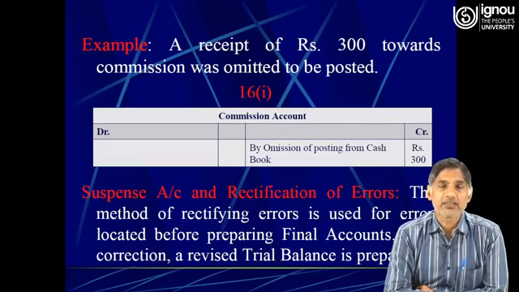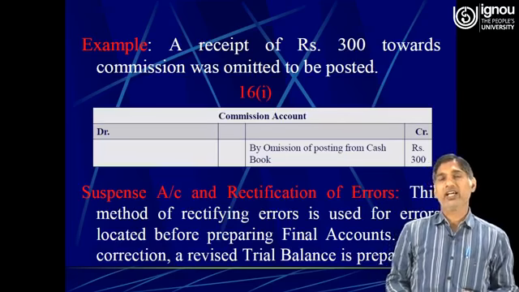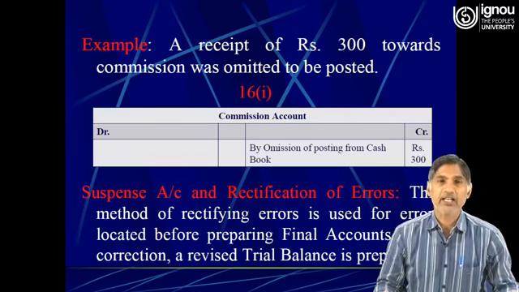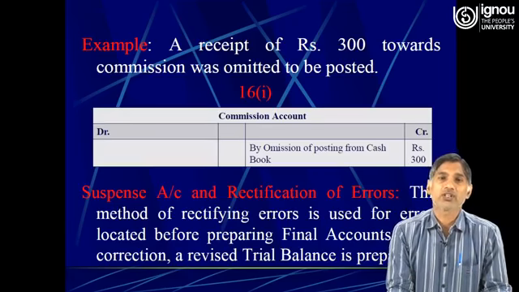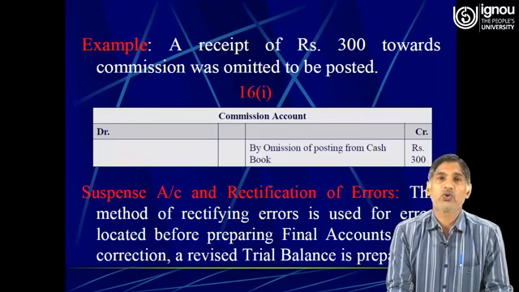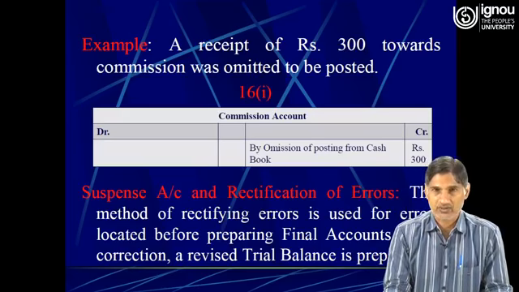Then suspense account and rectification of errors. Now we will see the role of suspense account while rectifying one-sided errors. This method of rectifying error is used for errors located before preparing the final account.